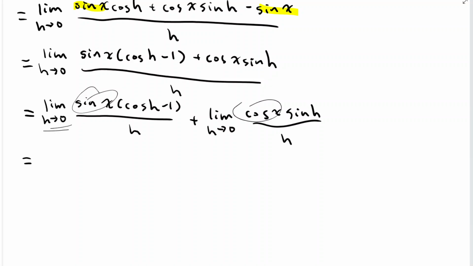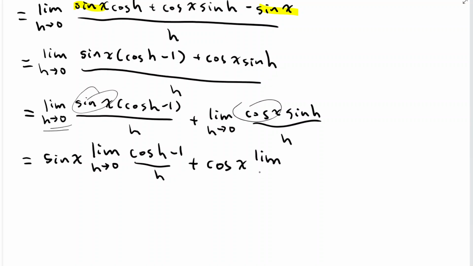So we can actually, this is fun, kick them out of the limit because it doesn't really affect the results. I could multiply them on later, right? Now we're left with two easy limits.